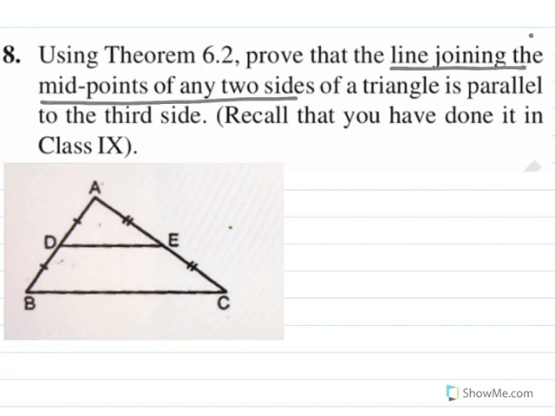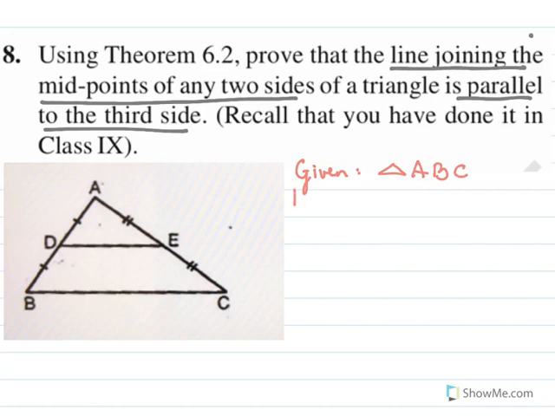Prove that the line joining the midpoints of any two sides of a triangle is parallel to the third side. So here we have got two midpoints. D is one midpoint, E is the other midpoint. And now I join these midpoints by the line DE. I have to show, this is my question, that DE is parallel to BC.